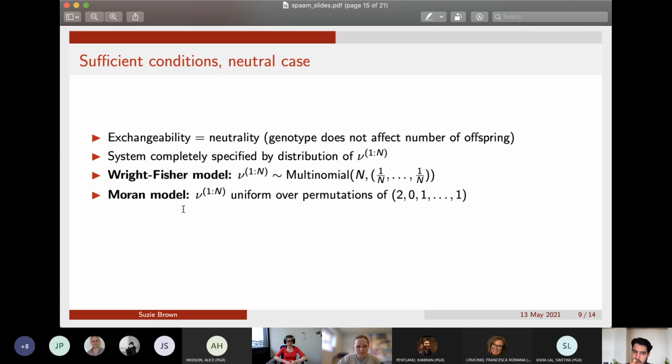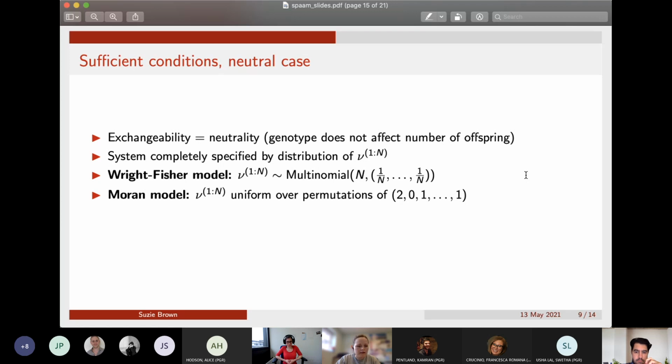Another example is the Moran model, which is where the offspring counts are uniform over permutations of the vector that has a 2, a 0, and then the rest are 1s, which means everyone in the population has 1 offspring except for one individual who doesn't have any and one who has 2. And because it's uniform over permutations, that's essentially by definition exchangeable. So those are a couple of examples.